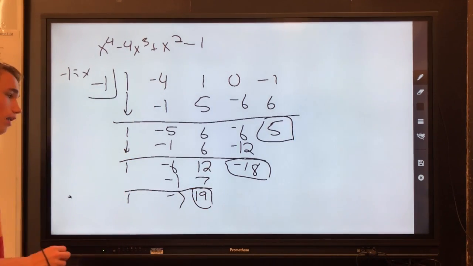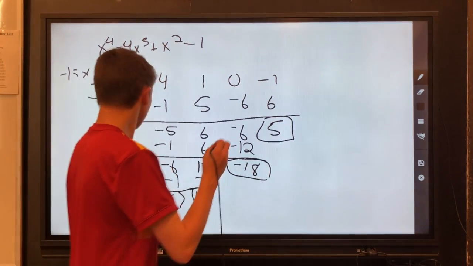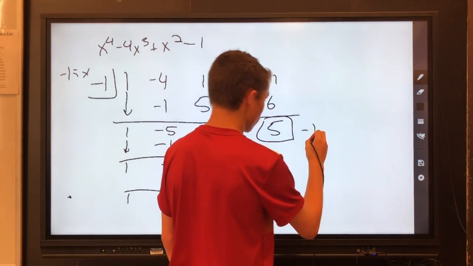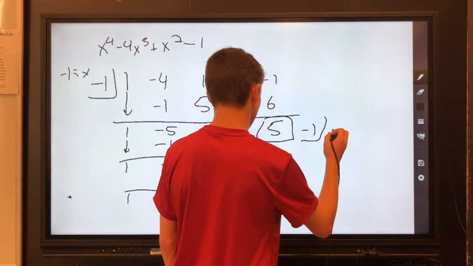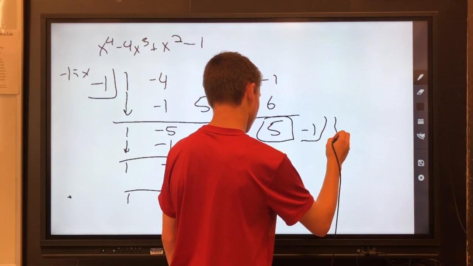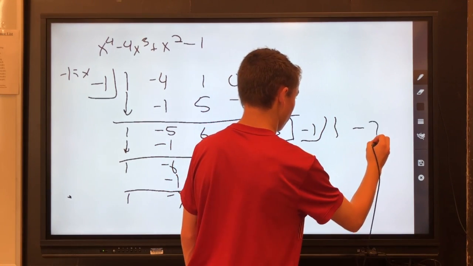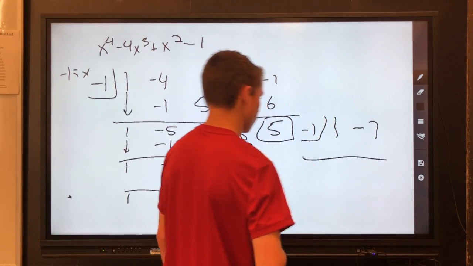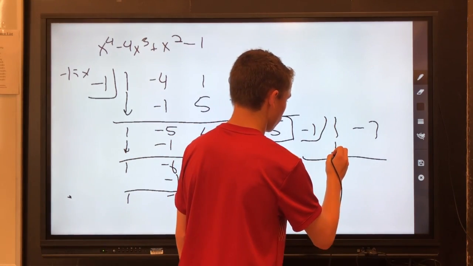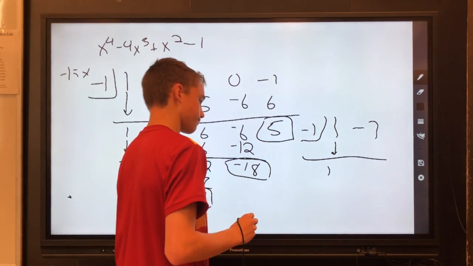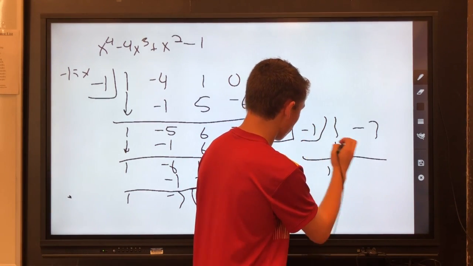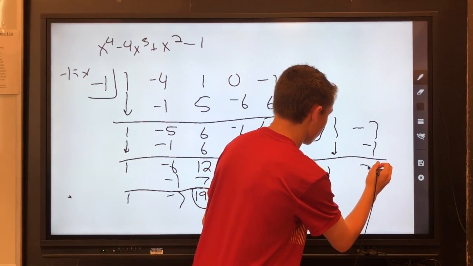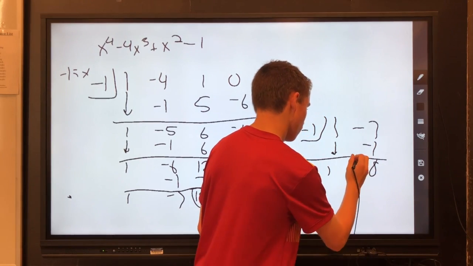All right, and I'm going to move the last synthetic division over here. So negative 1 divided by x minus 7. So line, drop down the 1. And multiply that, you get negative 1, you get negative 8.